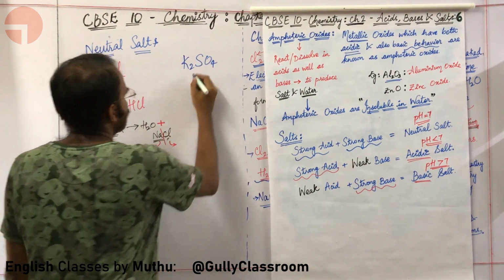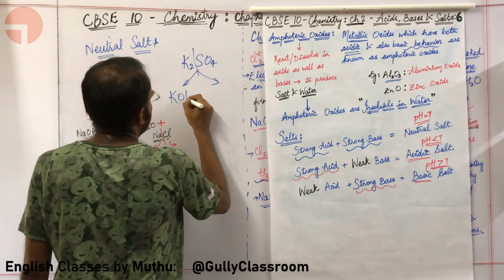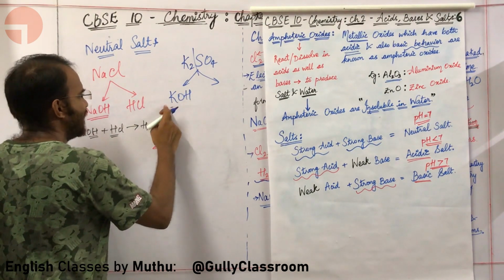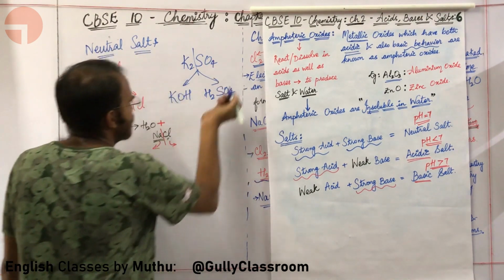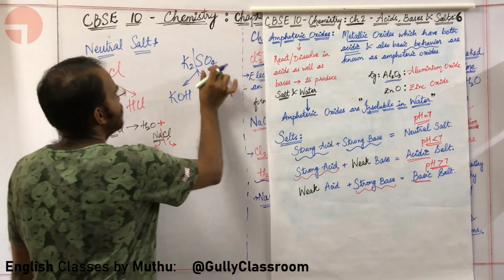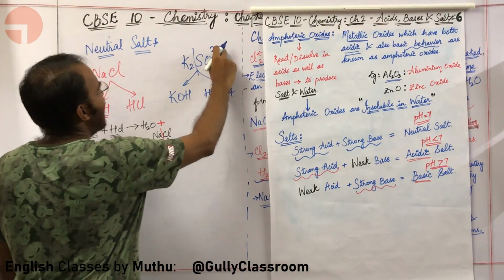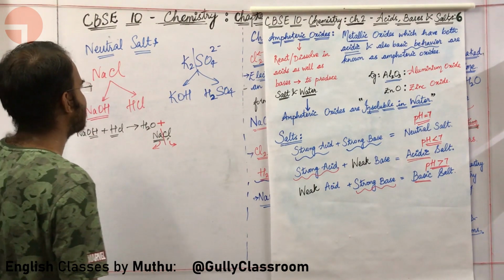Okay, let us go for K2SO4. With respect to K2SO4, K2, which is the positive ion, I will get from potassium hydroxide, KOH. What about SO4, sir? I will get it from sulfuric acid. SO4 is 2 minus. You need to add the negative ion to hydrogen. So I have sulfuric acid.